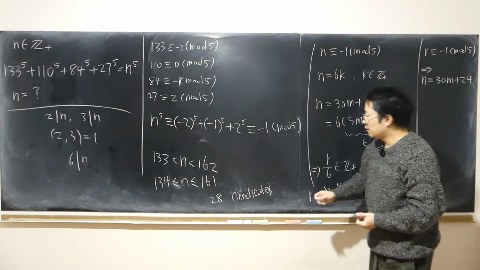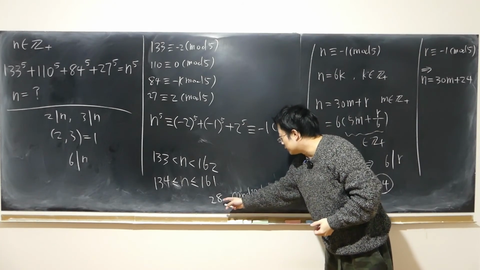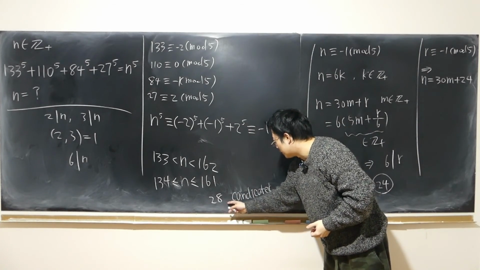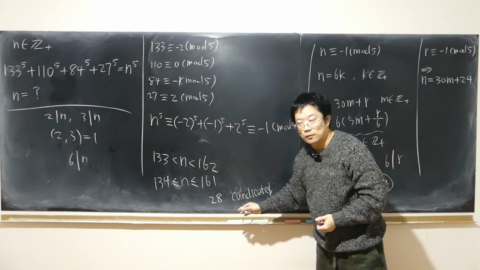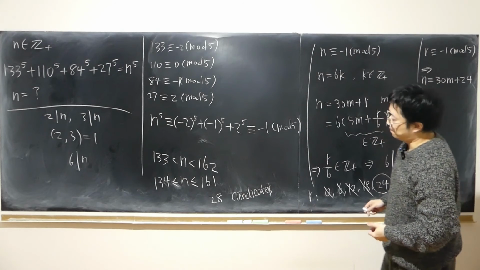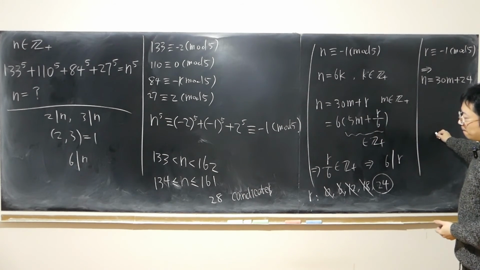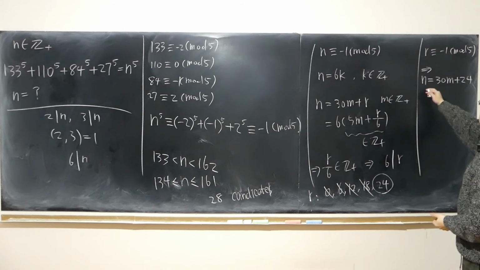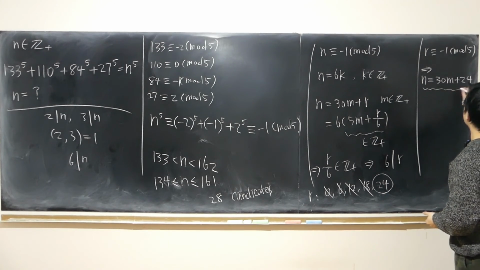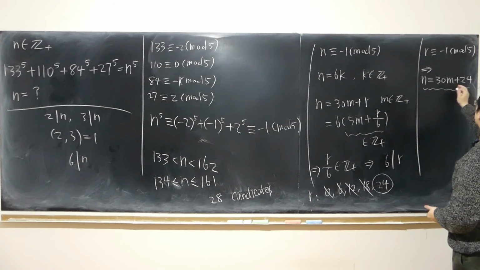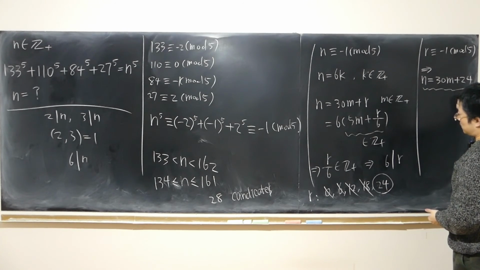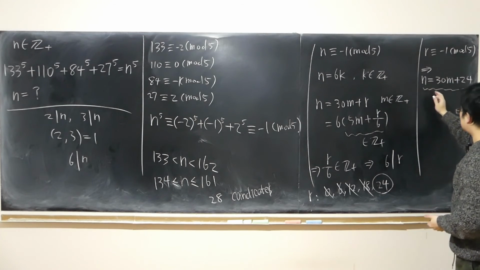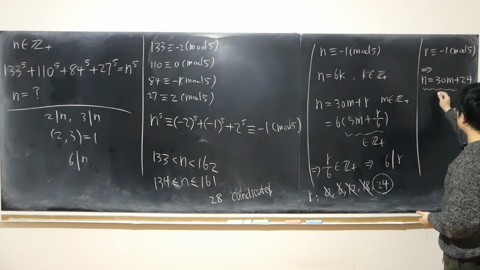Of course, 28 is less than 30, so that means each candidate would have a unique remainder when divided by 30. Since we already know n has remainder 24 divided by 30, theoretically n could be many possibilities.